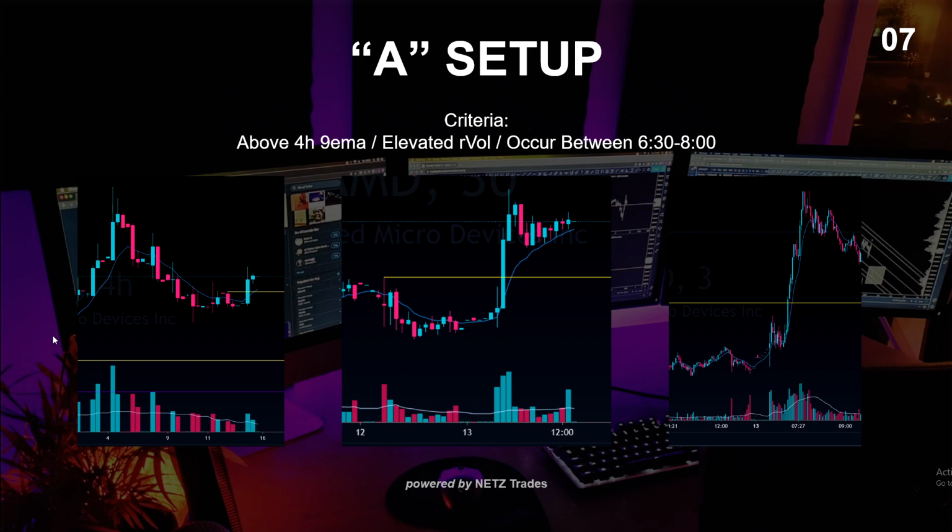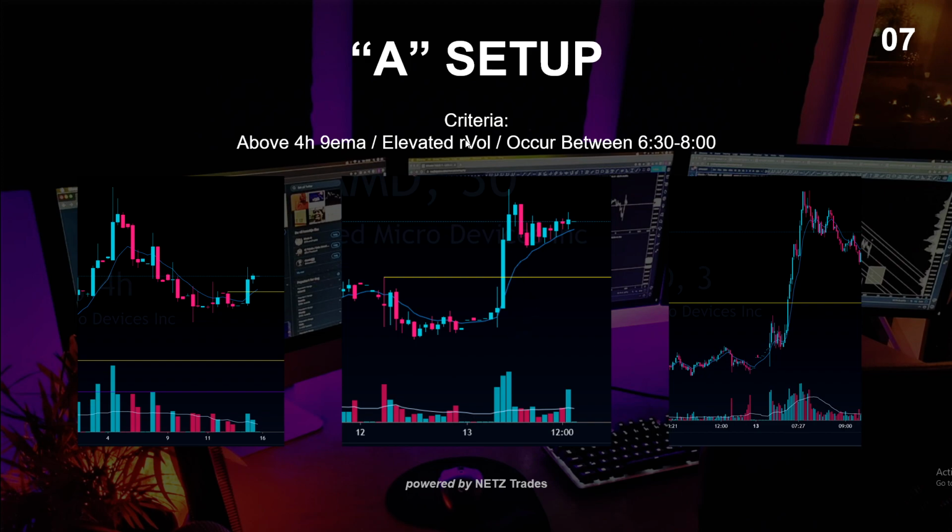So you see how AMD has been on a very nice uptrend for the past couple weeks, and then it took a pullback, which was a healthy, needed pullback after running from the 80s to 120, back down to the 110s. So it had a nice pullback, and then once it started getting back over the 90 EMA, you can start seeing it make attempts at a reversal. So that caught my attention, and that's one of the criteria for this setup.